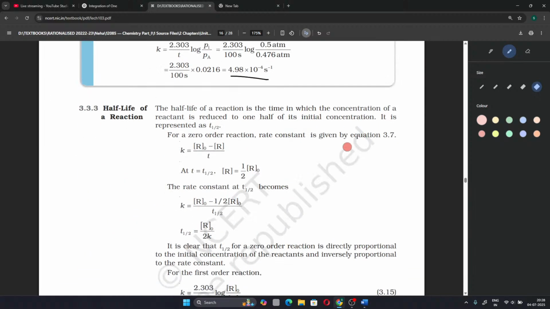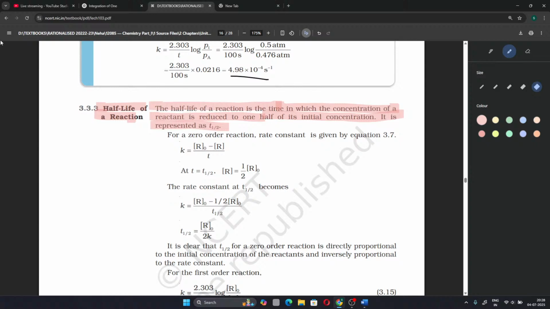Now another topic is the half-life of a reaction. The half-life of a reaction is the time in which the concentration of a reactant is reduced to one half of its initial concentration. It is represented as t half.